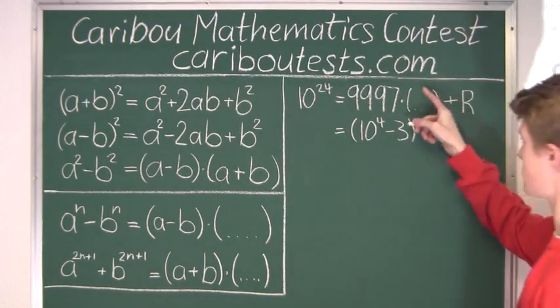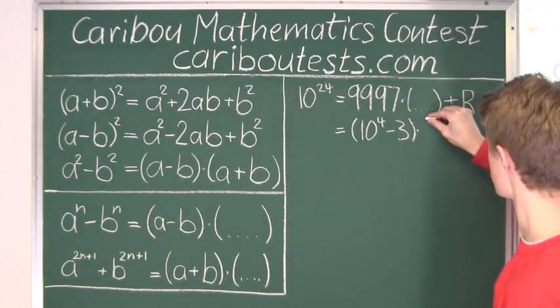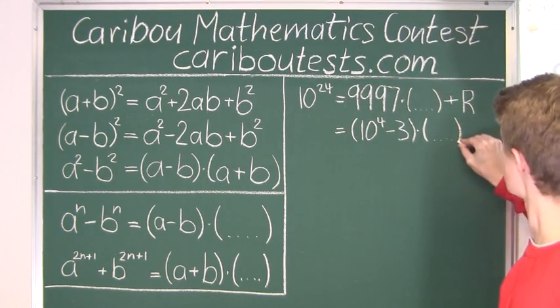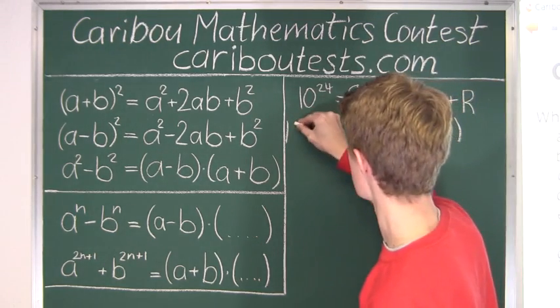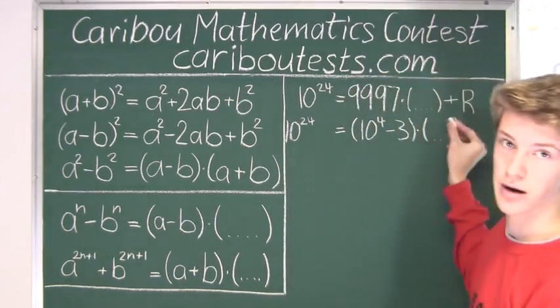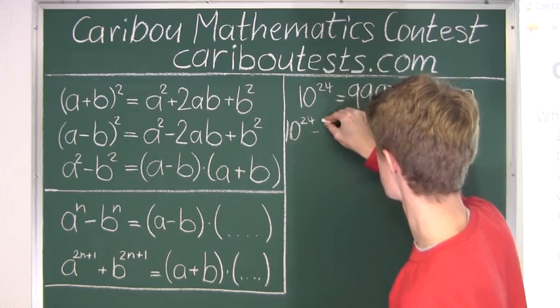And then still times that number. And then here we will have 10 to the power of 24. And then a minus R, minus the remainder.